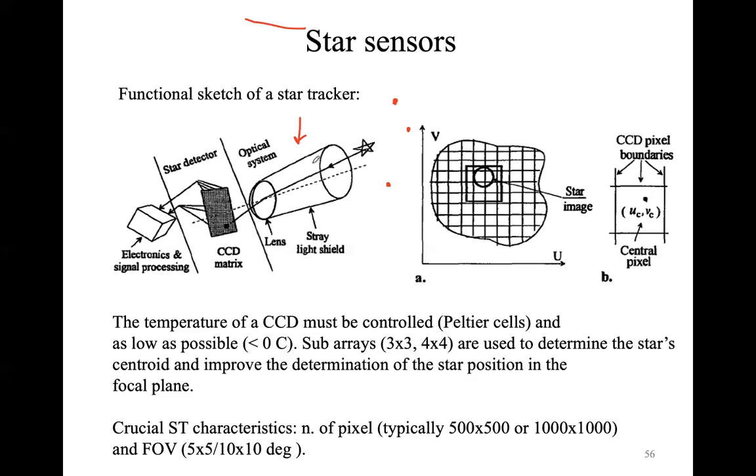The problem is that if all of them are processed, you can have a problem called ambiguity. You may think that the star you are looking for from the catalog is this one, because, for example, we can assume that these two stars have a similar magnitude. So if you have an error in the spacecraft attitude, this star can be confused with this one.